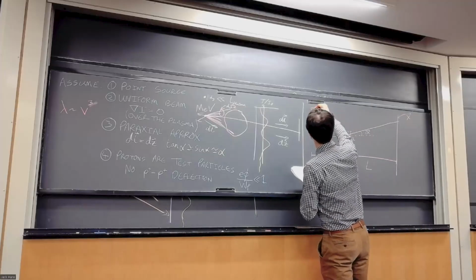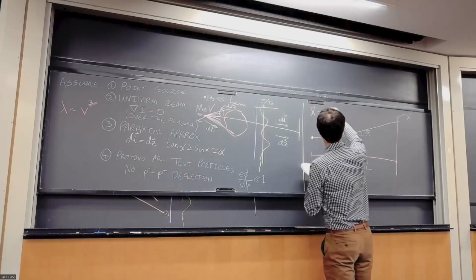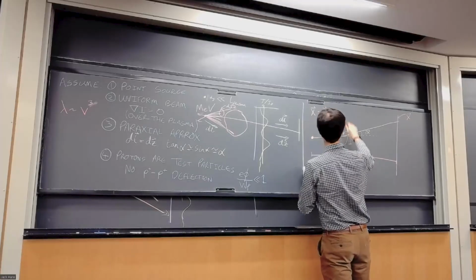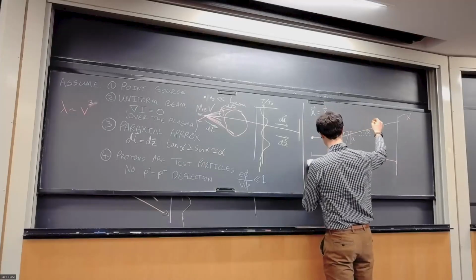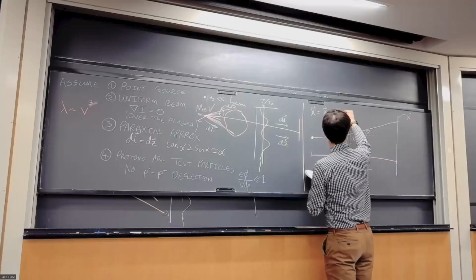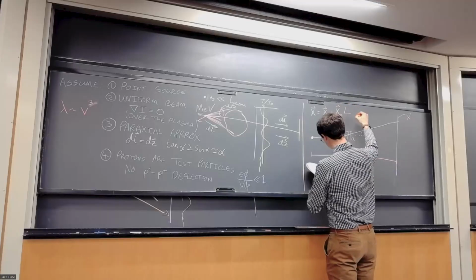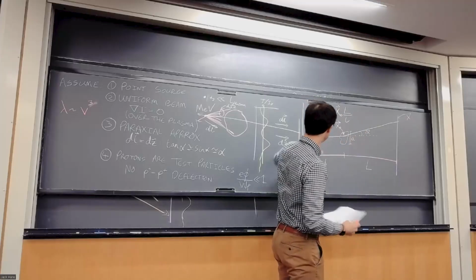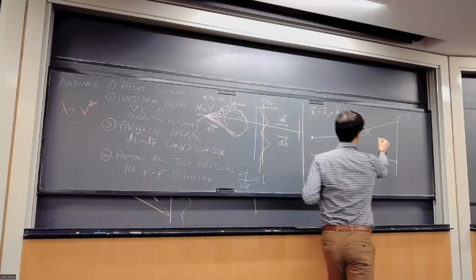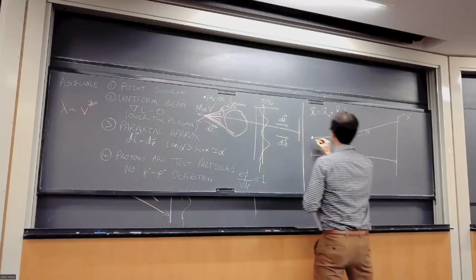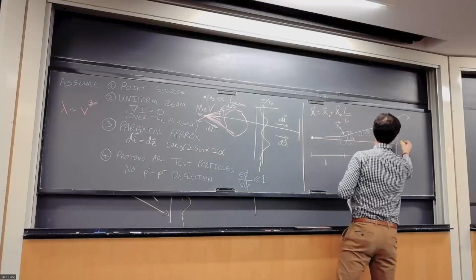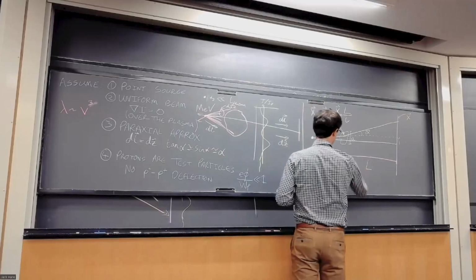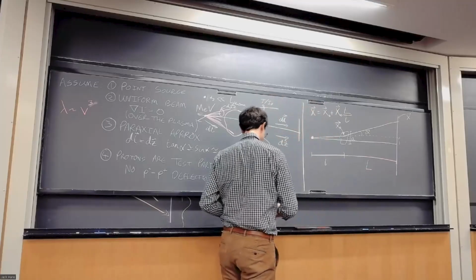So X is the location of a proton which streamed through the point x0, and then there's a magnification factor, capital L over lowercase l. This is just similar triangles. This just says, in the absence of any deflection, I will have ended up at this point here, and that point is magnified because capital L and lowercase l are different.